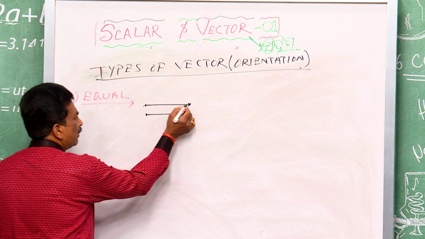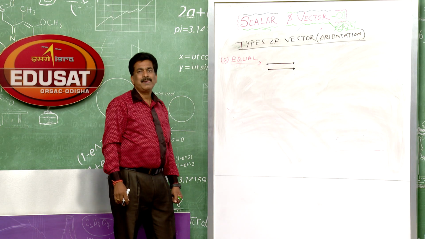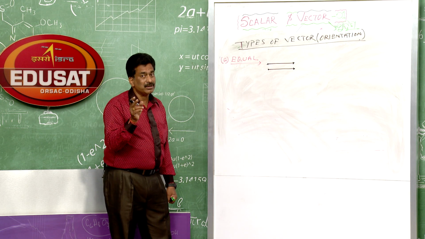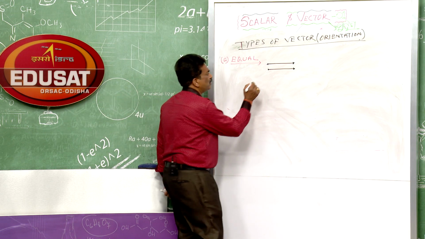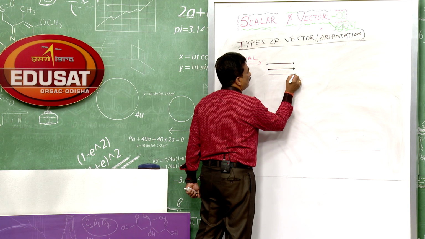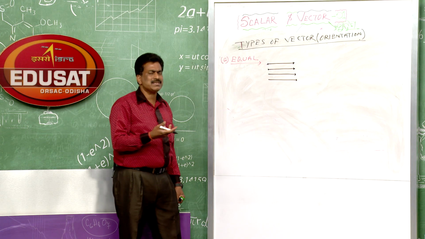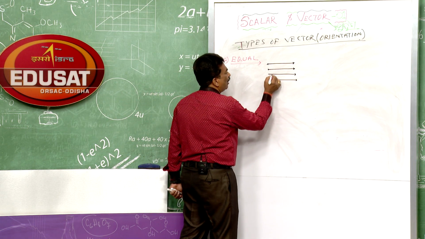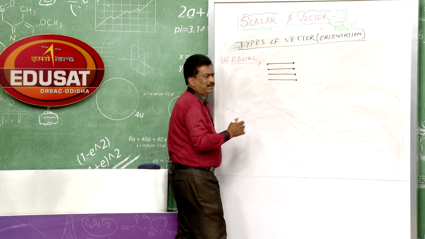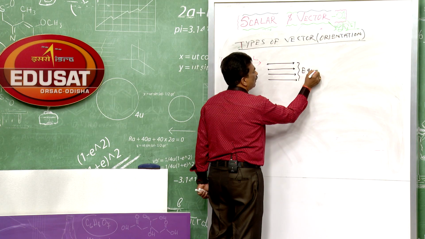When two vectors have the same magnitude with the same direction, not only two, I said for equal at least two. Suppose there is another vector likewise. Here we will say there are four vectors of the same magnitude with the same direction. Then all these vectors are called equal.